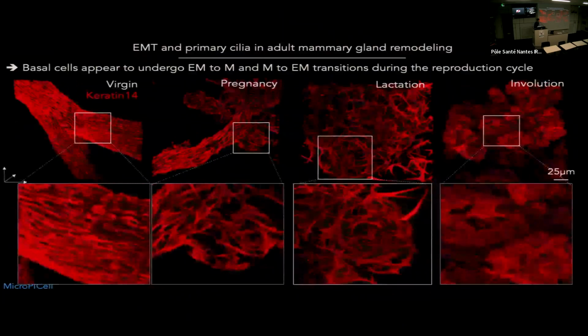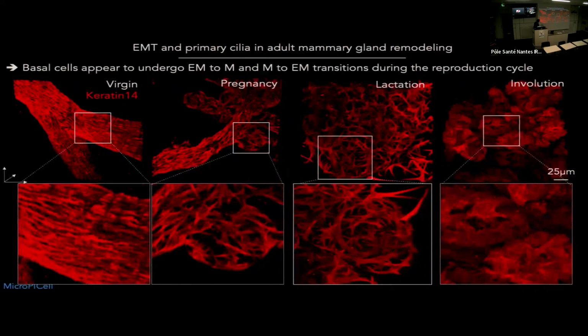We found that basal cells of the mammary epithelium undergo an epithelial-to-more-mesenchymal transition and then switch back to an epithelial phenotype during the reproduction cycle. You can see here the basal cells stained in red through keratin 14 staining.